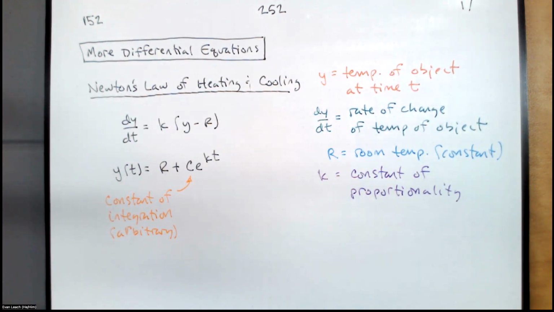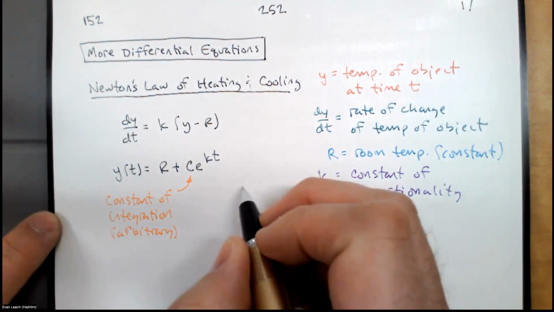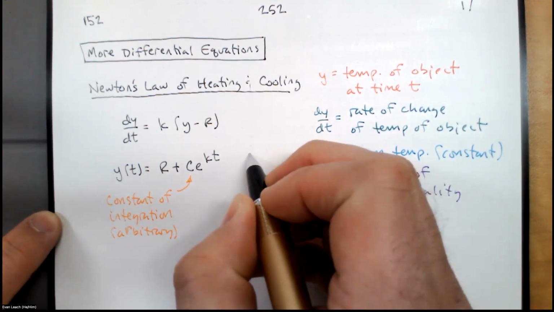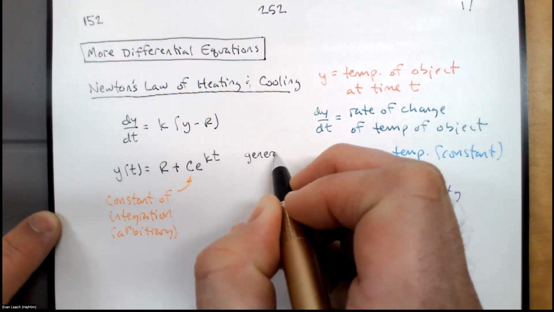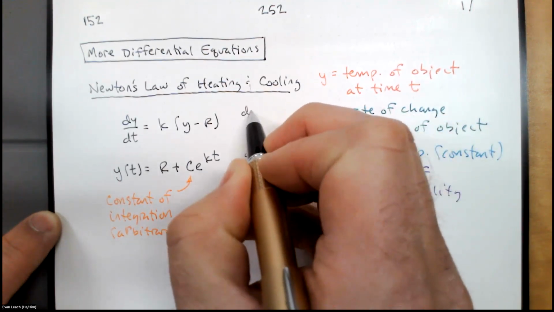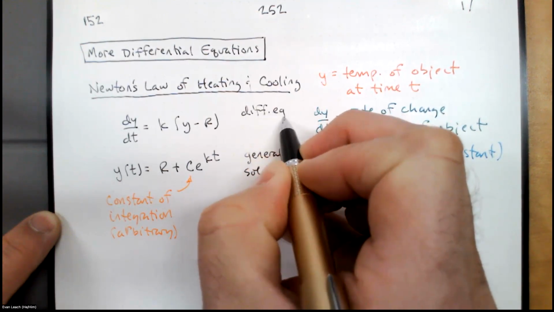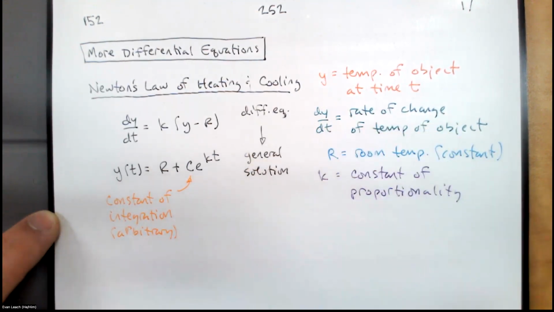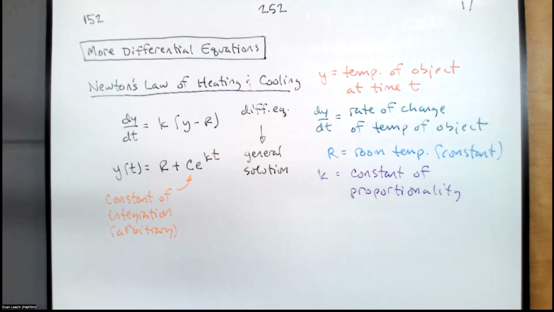What we know is that the differential equation is defining a general solution. So we'll refer to this as the general solution. A differential equation leads to a general solution, and the arbitrary constant will be determined by initial conditions.